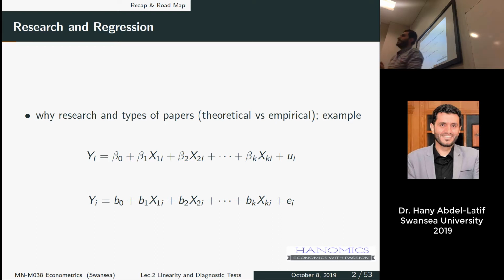So my task is to use whatever method you think is appropriate and can justify to estimate the values of these betas, and then based on that you can interpret the relationship between the different x's, or independent variables, and your dependent variable.